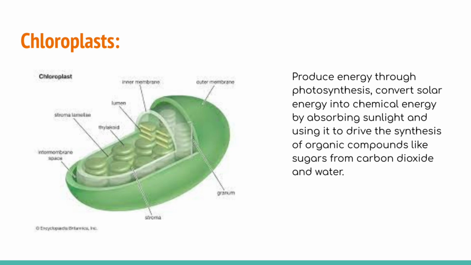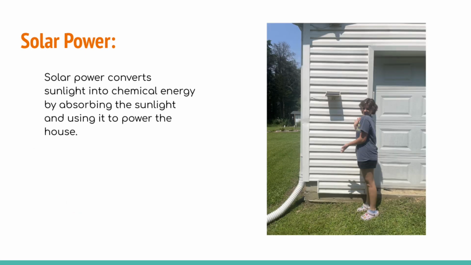Chloroplasts are able to produce energy through photosynthesis. It converts solar energy into chemical energy by absorbing sunlight and using it to drive the synthesis of organic compounds, like sugars from carbon dioxide and water. Solar power is sort of like chloroplasts since it converts sunlight into chemical energy by absorbing the sunlight and using it to power the house.